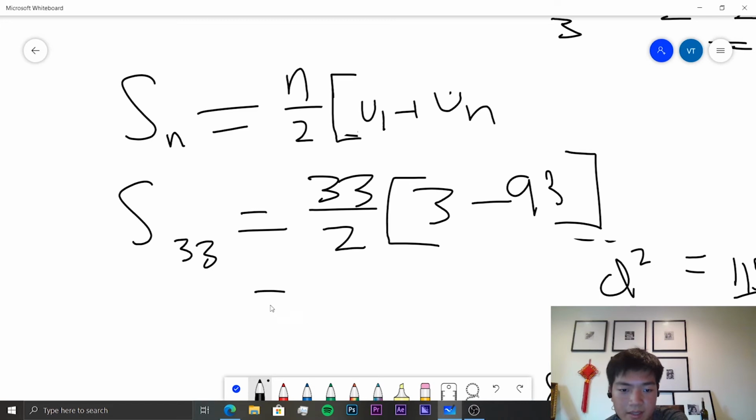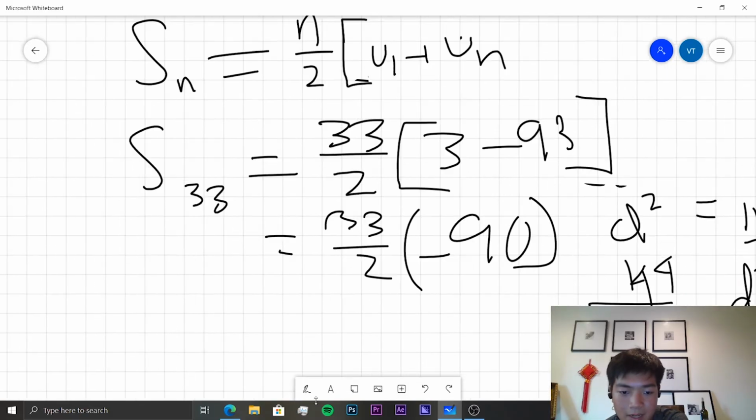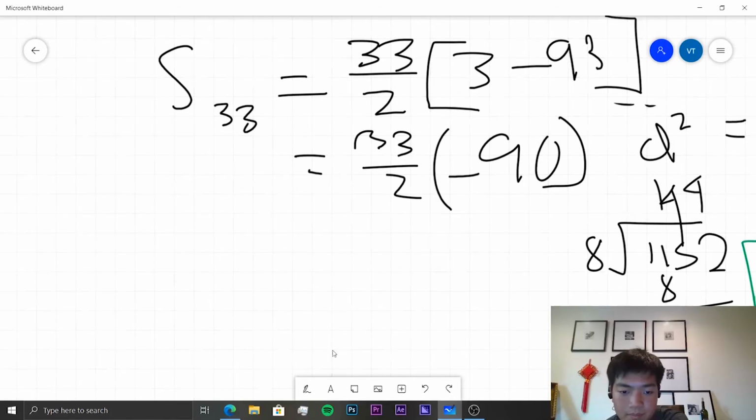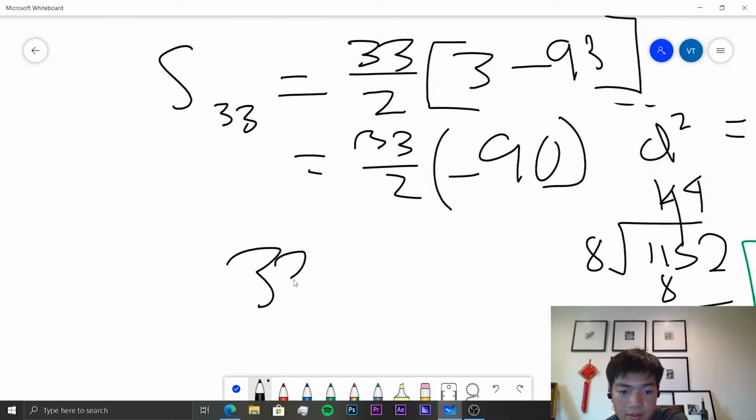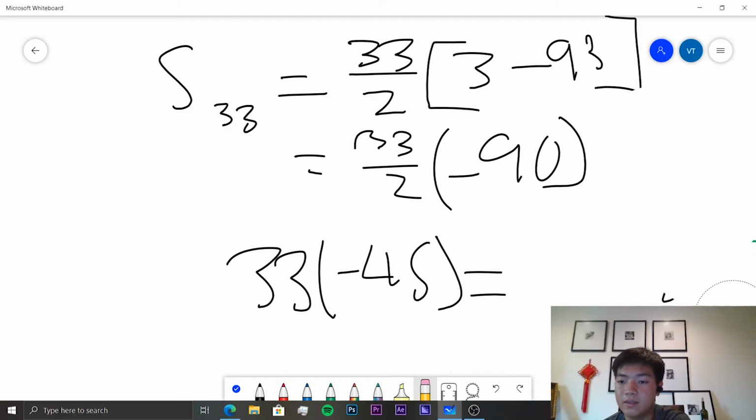So it will be 33 divided by 2 times negative 90. Otherwise, 33 times negative 45.